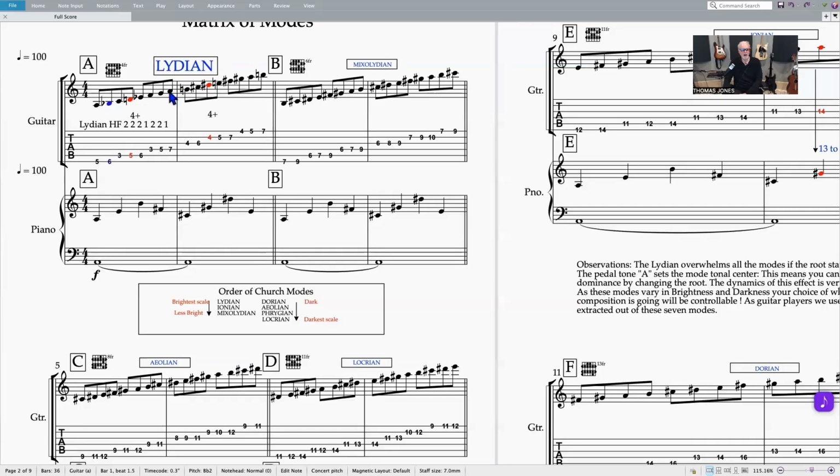Okay, I applied it now. 2, 2, 2, 1. 2, 2, 1. See, it's just backwards. Or turn it around, reflect it, and it's 2, 2, 2, 1, 2, 2, 1. This is the Locrian scale.